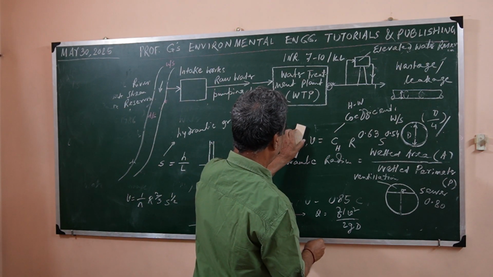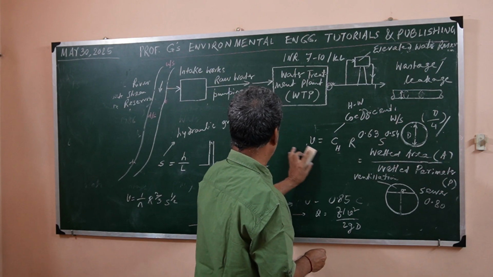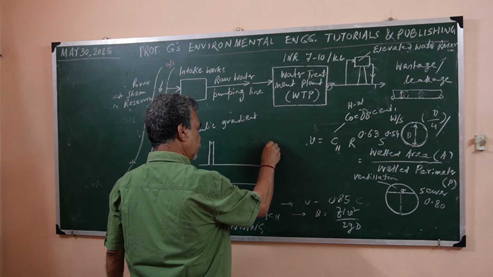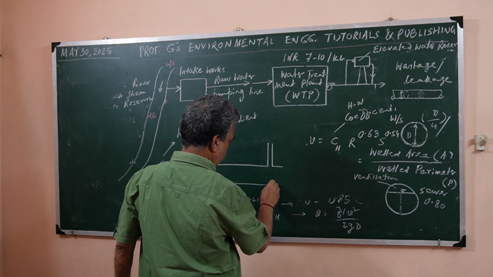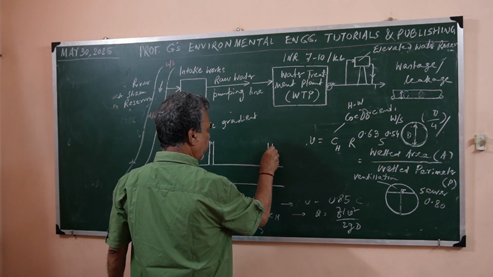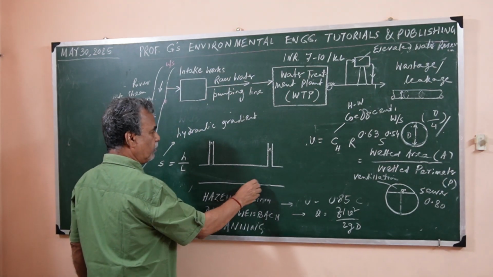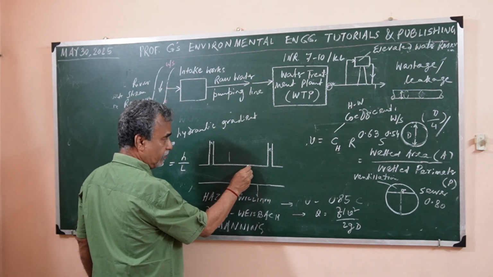I am erasing this part. Hydraulic radius is already defined and explained. And here, if you puncture or place a piezometer and measure the piezometric pressure, then this will be a little lower, because it has distributed some flow also, and head loss will be there because of the friction, right?